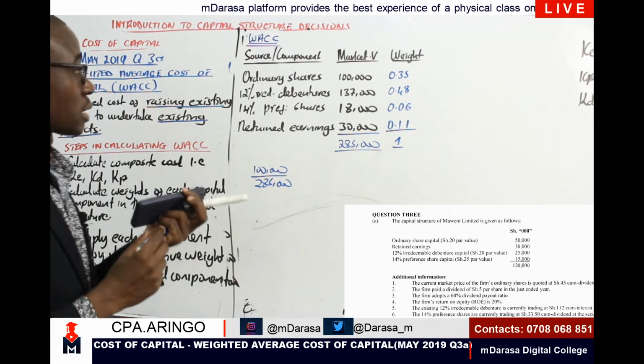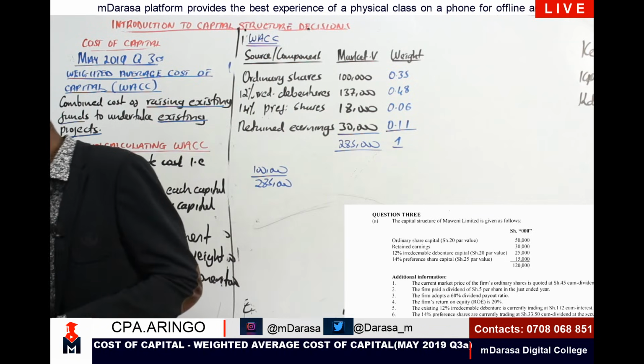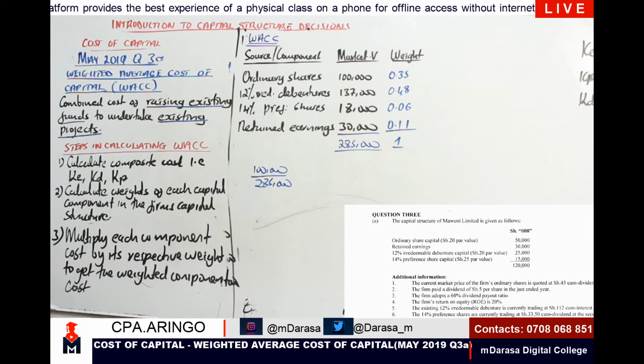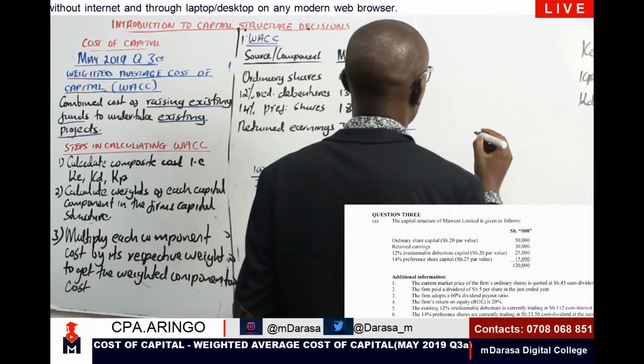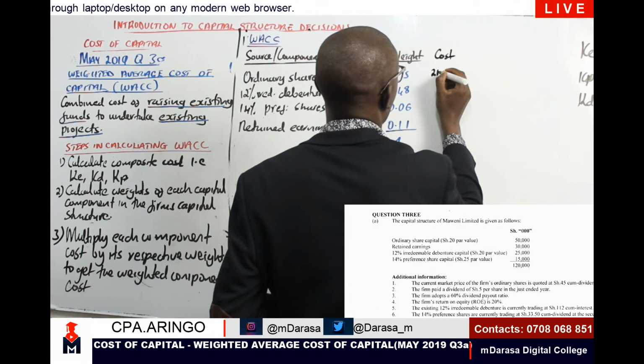Then we incorporate our composite cost. And the cost of each component, we had already computed the cost of each component here. So our case will just be a matter of copying and pasting. So we should be talking of cost of each component. Ordinary share is 21.5%.